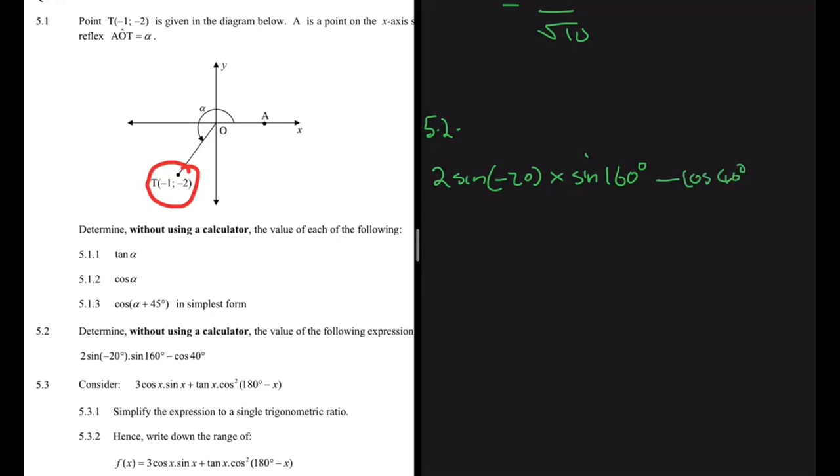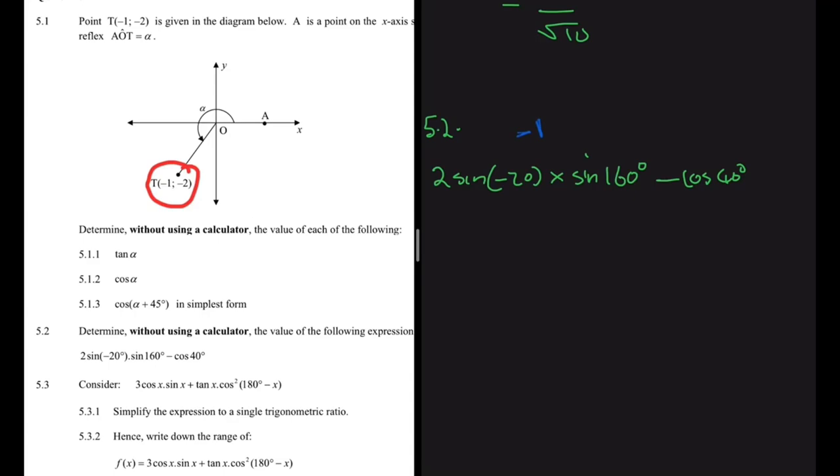So as soon as it says without using a calculator, I'm going to use a calculator first, and then I'm going to get the answer. After I get that answer, I will basically be proving that that answer is true, right? So when I put this on my calculator, I'm getting minus 1. So however I solve this question, I must get minus 1. If I don't get minus 1, there's something wrong I'm doing, right?